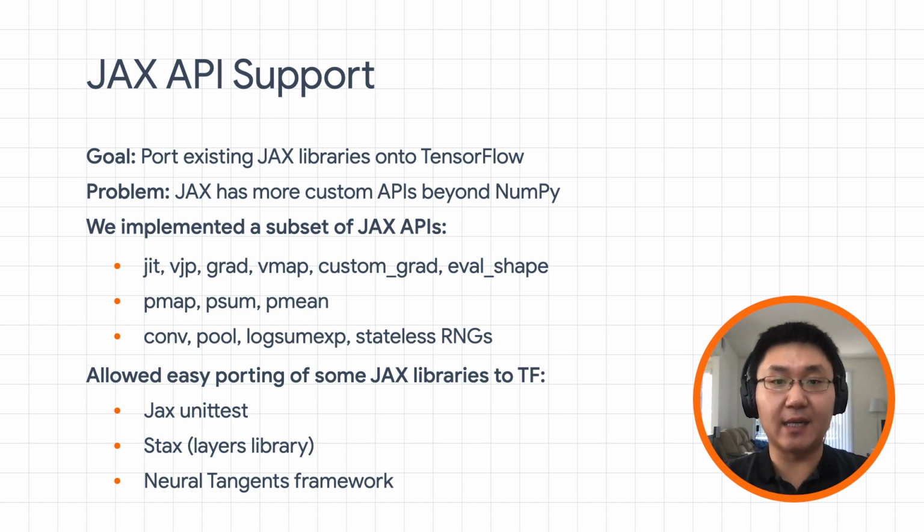Those APIs include the famous function transformers in JAX like JIT, VJP, VMAP, and some facilities for distributed training like PMAP and PSUM, and also some mathematical functions that are outside of NumPy, like convolution and pooling, and also a set of stateless RNGs that are not part of NumPy.